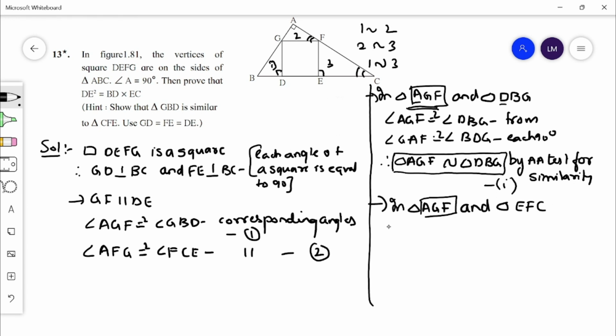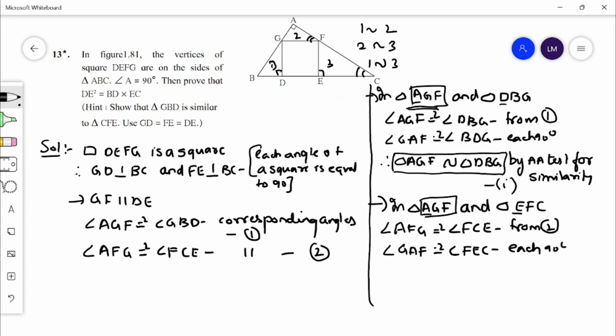Now we'll prove this. So angle AFG is congruent to angle FCE from equation 2. Right, next the 90 degree we will show, that means angle A and here E. So GAF is congruent to angle FEC, each 90 degrees. Therefore triangle AGF is similar to triangle EFC by AA test for similarity.